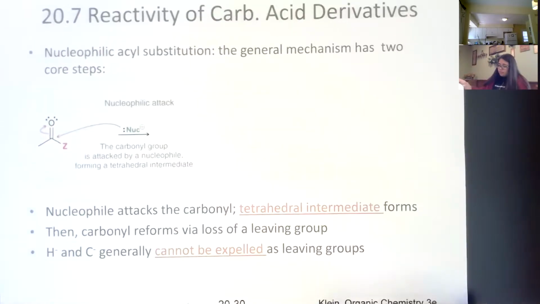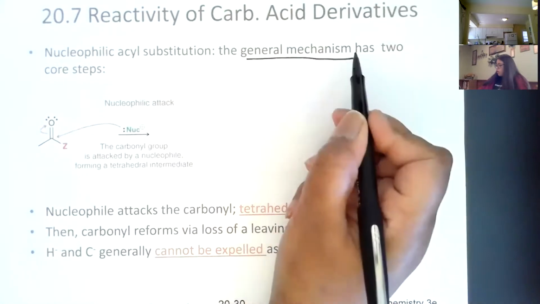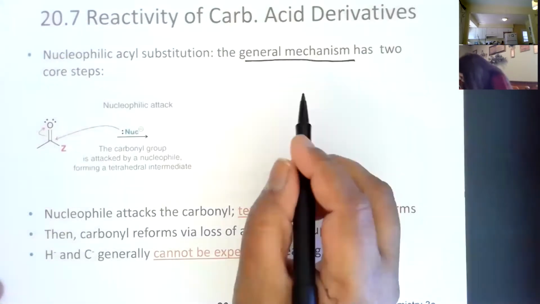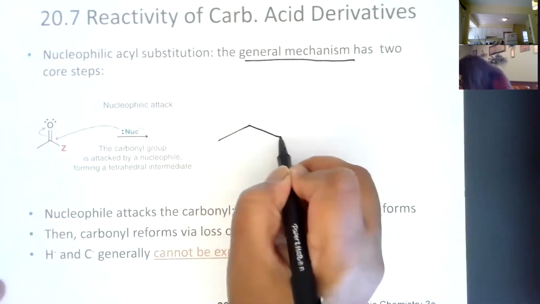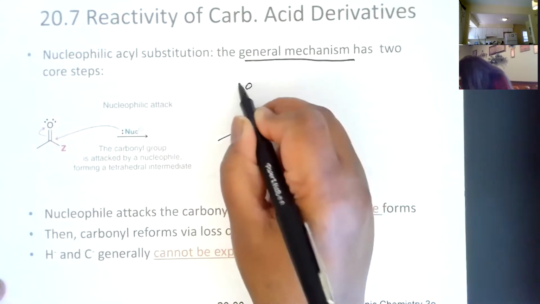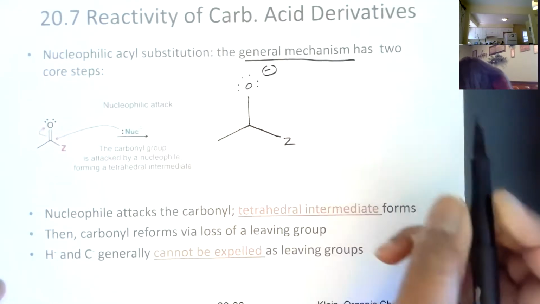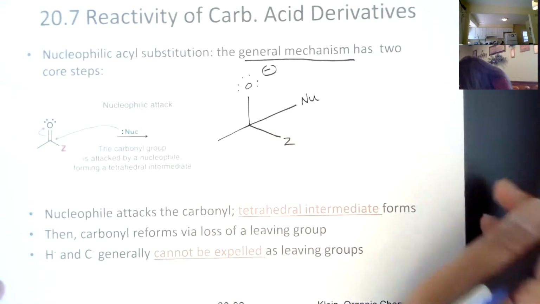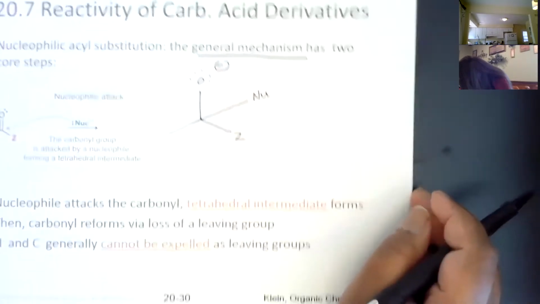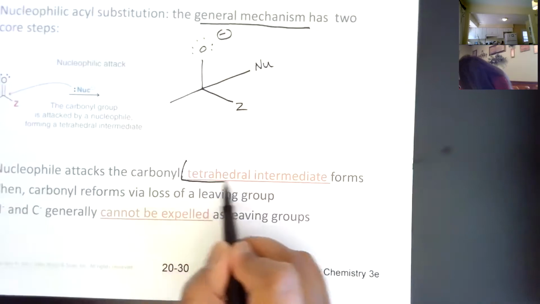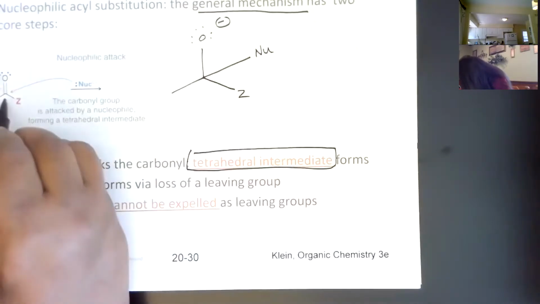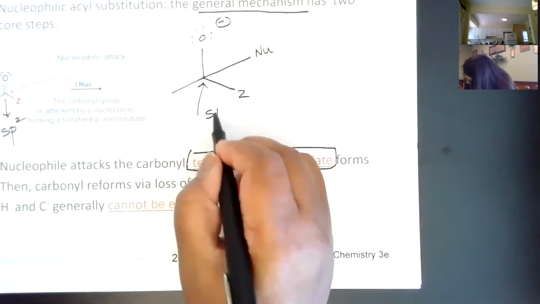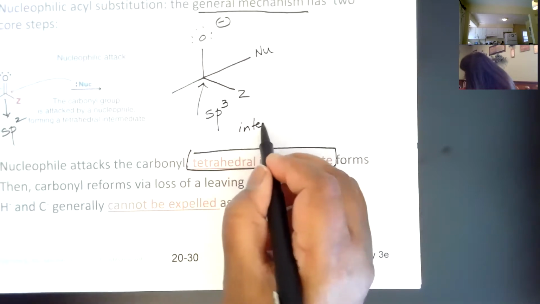So, generic mechanism, two core steps. The nucleophile attacks. Now this forms a tetrahedral intermediate. See, this is sp2 hybridized, this is sp3, but it's an intermediate, so it doesn't last very long.